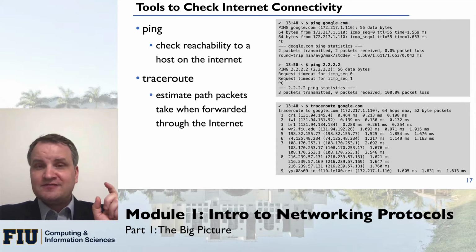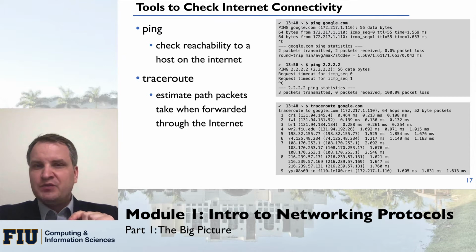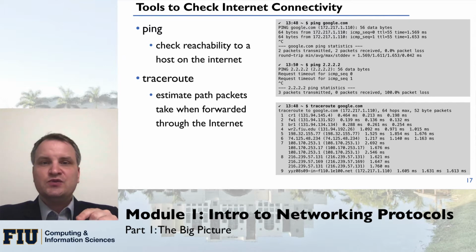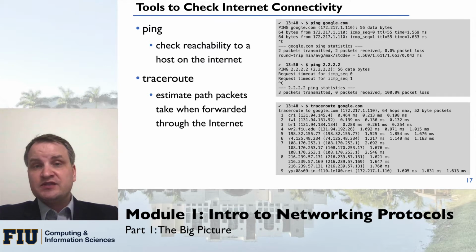As we're going to cover later in the class, sometimes the domain name doesn't point to a single IP address. So if, for example, you ping google.com at home, you most likely will not get 172.217.110, but you will get something completely different. There are a few tricks that we'll cover later. That's why sometimes you need to specify the IP address in order to get something useful from it.